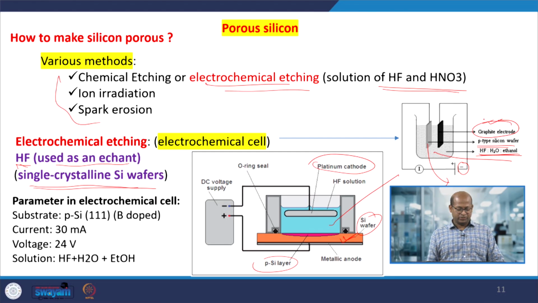Current and low voltage we have to use, and this is the solvent category, meaning HF and water. The silicon substrate may be p-type or n-type, and some doped materials may also be present.